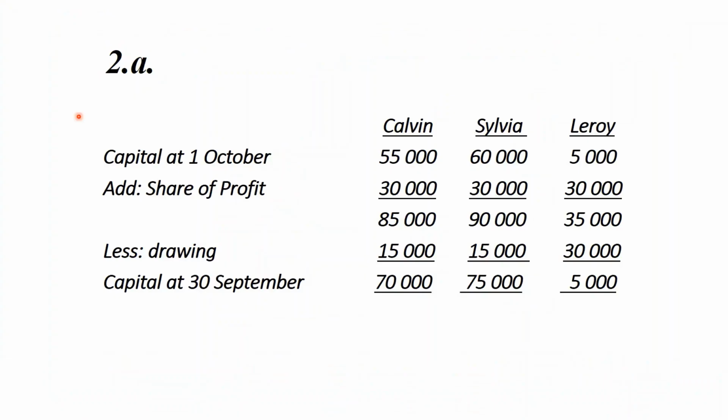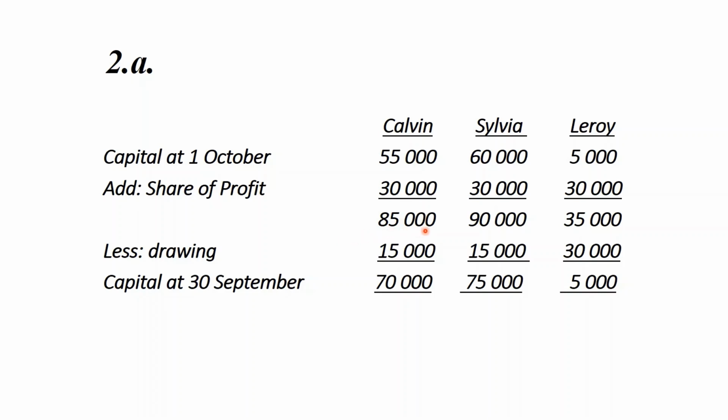I have prepared the statement of equity already, and we'll just go through it. We have three columns, one for Calvin, one for Sylvia, and one for Leroy. The capital at the start, on the first of October, was 55,000, 60,000, and 5,000. We add the share of the profit, which is equal, so the 90,000 would be shared 30,000, 30,000, 30,000.